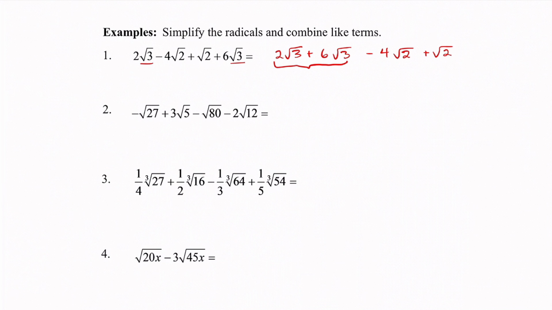So 2 plus 6 is going to give me 8 square root 3. And with the second two, they're both square root 2's. So I got minus 4 plus there's a hidden 1. So minus 4 plus 1, that's just minus 3 square root 2's. So that one I didn't need to even simplify anything off the start. I could just add right away.